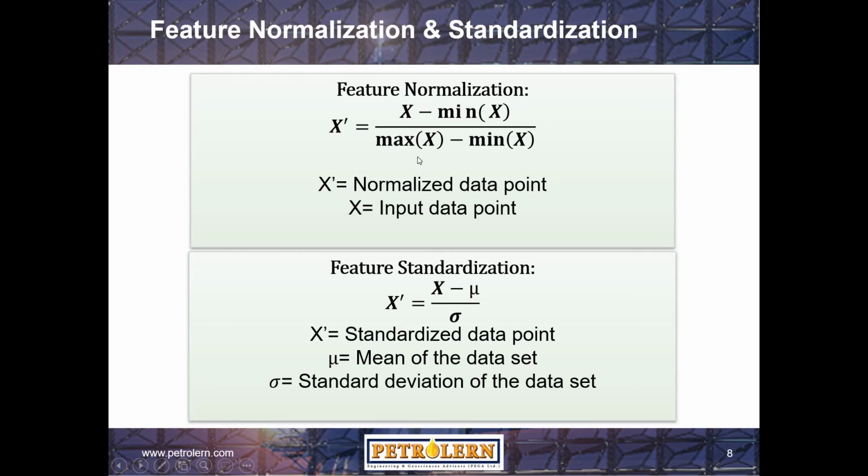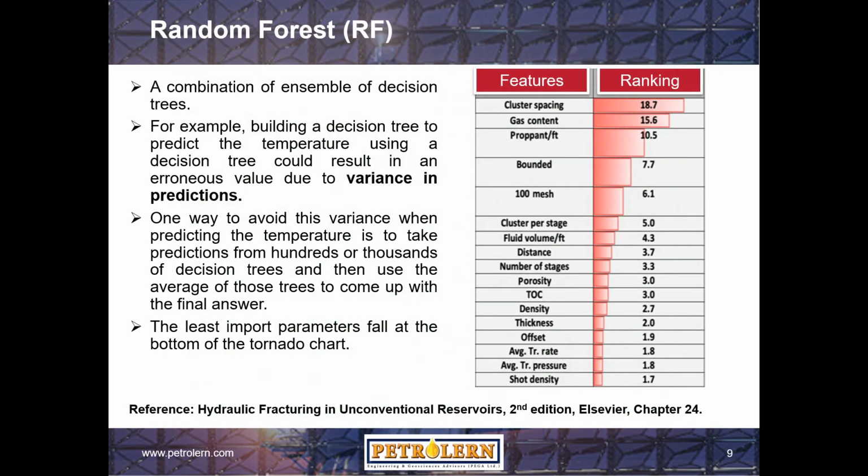So one is x minus min of x divided by max of x minus min of x, and the other one is x minus mean divided by standard deviation. And that's how you do feature normalization and standardization. As I said, depending on the type of algorithm that you're going to choose, some will use feature normalization and some will use feature standardization.